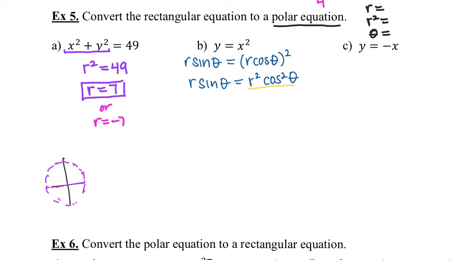Now you can never ever divide by x. That's like my greatest pet peeve. But because r is non-zero in a polar equation, we're allowed to divide by r, but only here. Don't do it on any xy rectangular equation. So if I do that, I get sine theta equals r cosine squared theta. I still want to isolate the r, so I'm going to divide by cosine squared.